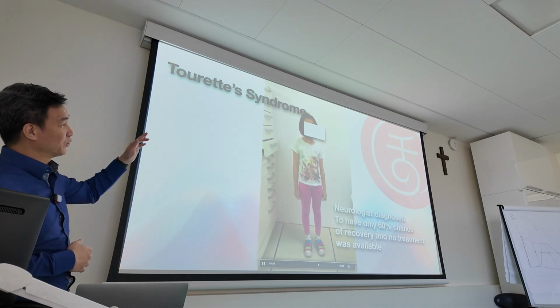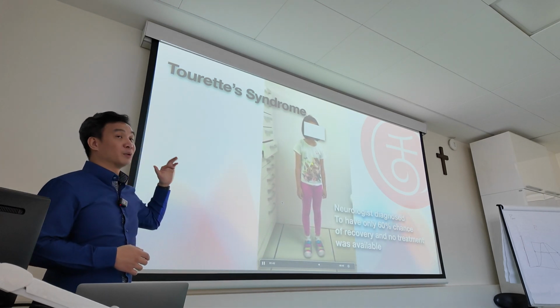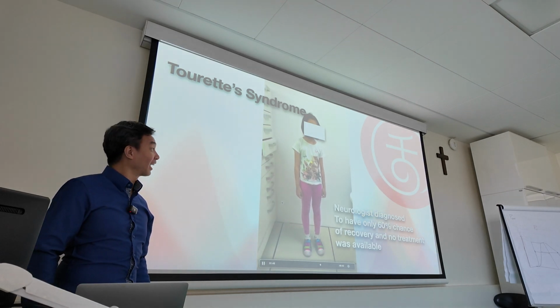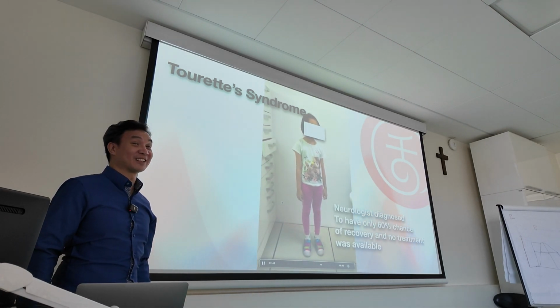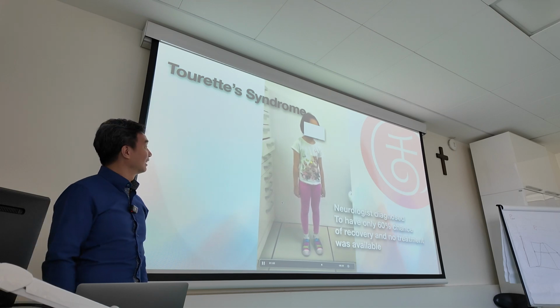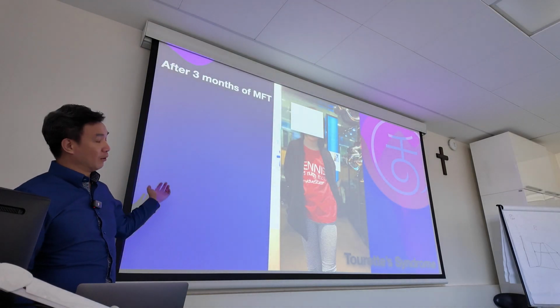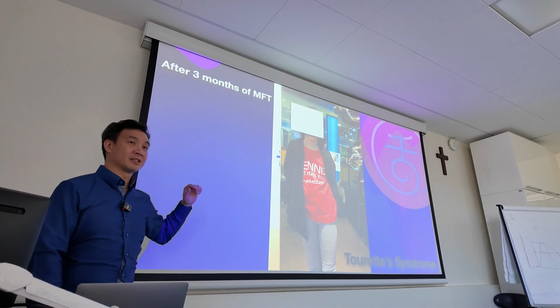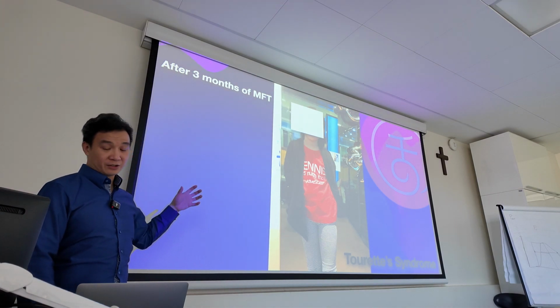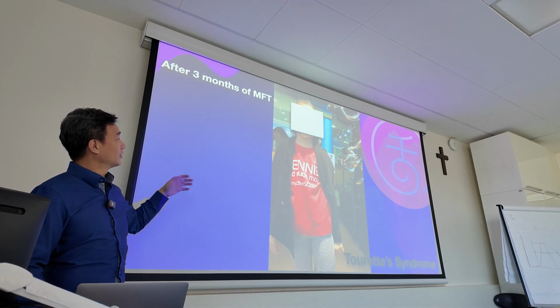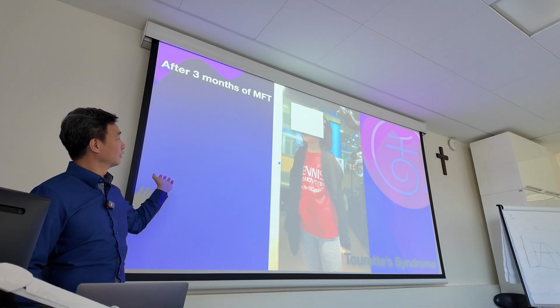Actually, I can't show you her face, but she was smiling and looking at mommy like, hey, how come I'm not twitching anymore? So I say maybe we have a chance. We did all this myofunctional treatment. Three months later, she's fully in control.